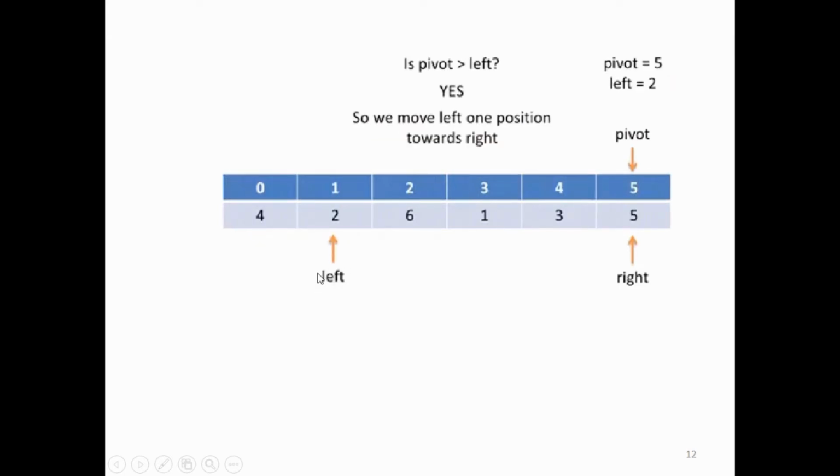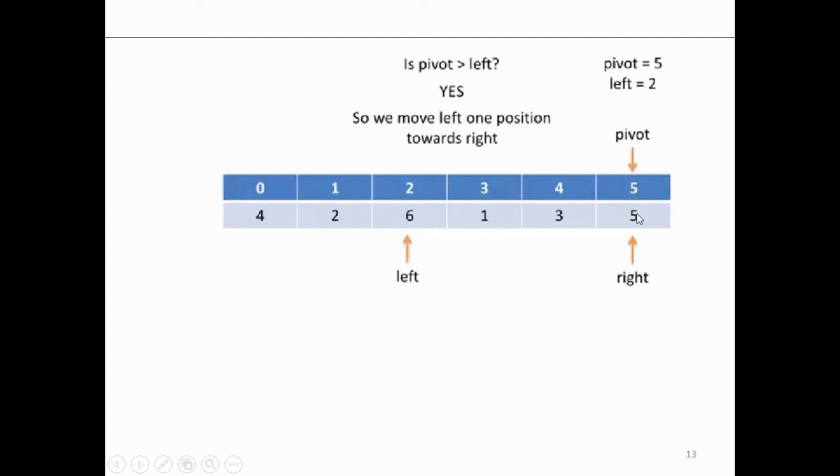Here the left is at position 2, and the pivot value is 5. Here 2 is lesser than 5, so the left position will increase to another index. So the left position will indicate index 2 of the array, and the value at index 2 is 6.